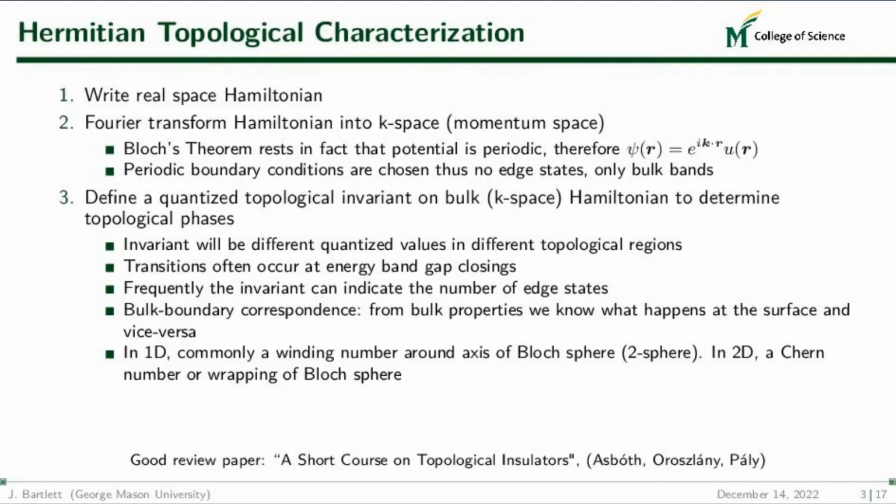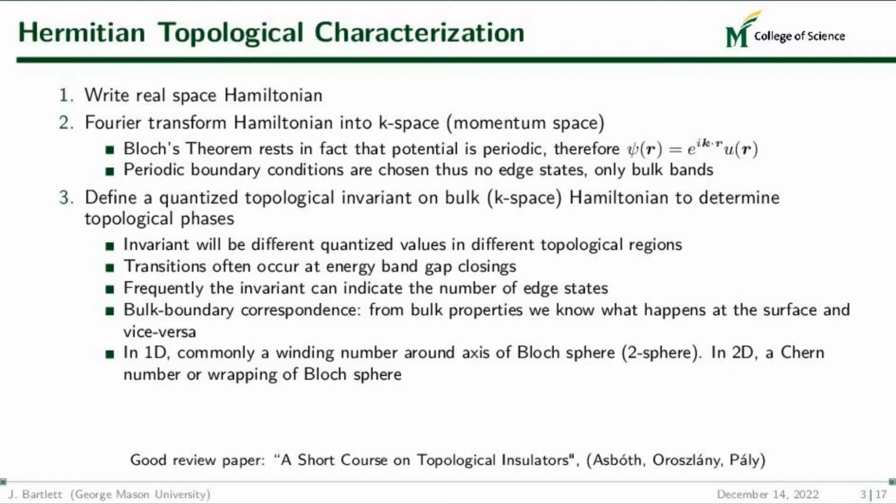This is using what's called Bloch's theorem. That states that if you have a lattice with a periodic potential, or in other words, if you have a crystal, you can write the wave function as a plane wave e^(ik·r) times a function u, which has the same periodicity as the lattice.